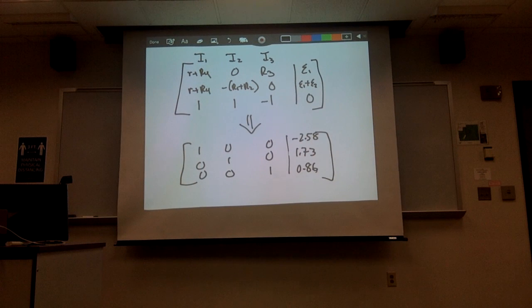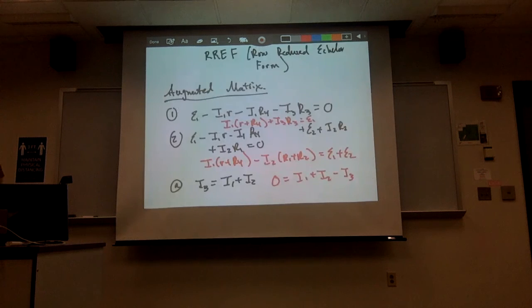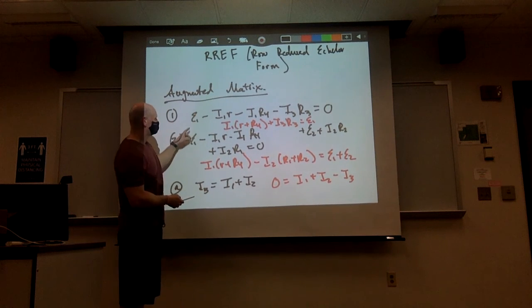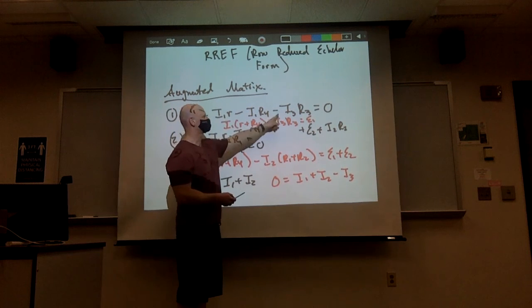Can these kinds of calculators do that? I don't think so, but maybe. But I know the graphing calculator is definitely different. Otherwise, if you don't have a calculator that does that, then you would just use your usual methods for solving these things. So for example, you would just use this equation. This one has an I1, this one has an I2, this one has an I1, this one has an I3.